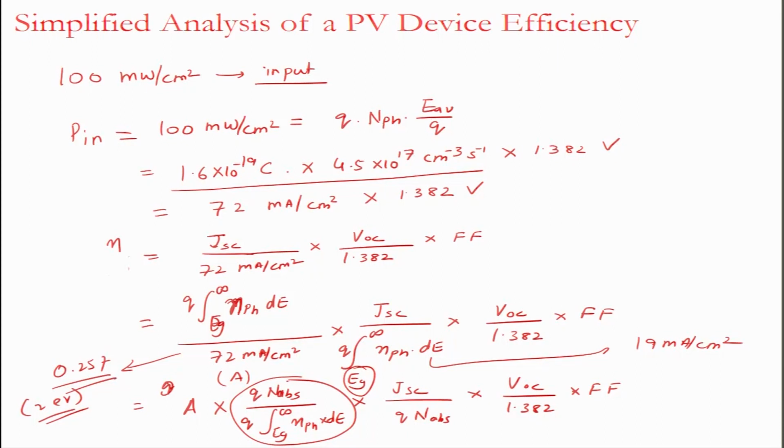If you increase the absorption coefficient, you will increase the number of absorbed photons. If you decrease the reflection, then again you increase the number of absorbed photons. If you change the band gap, you will change the VOC also, and the fill factor will depend upon the parasitic resistances that you will have in the device. So, this gives you a microscopic understanding of what you should do with the design at every stage to get higher efficiency.